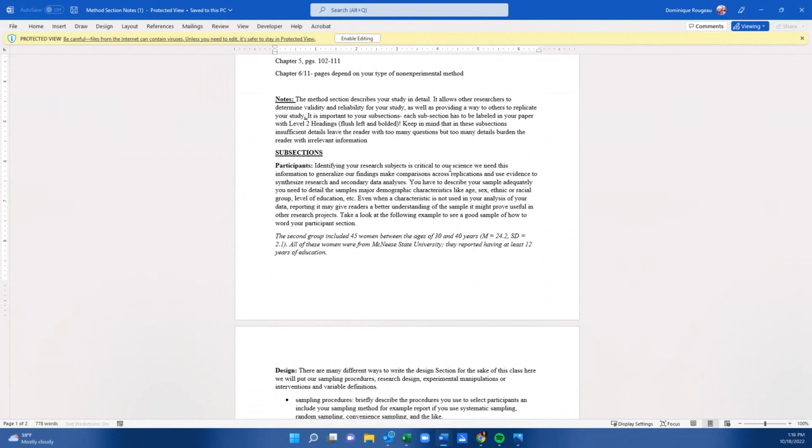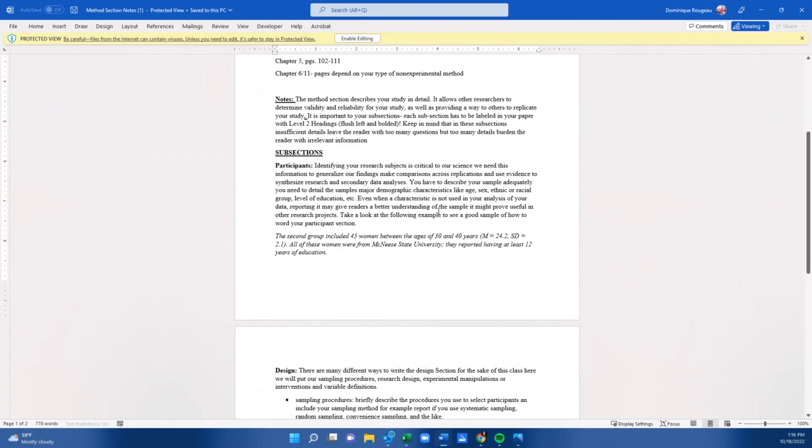When you make that demographics questionnaire, as you learned in 428, you should only gather information for demographics relevant to your study. You do need enough to adequately describe your sample, though. So, like age, sex, maybe ethnicity, racial group, level of education, etc.